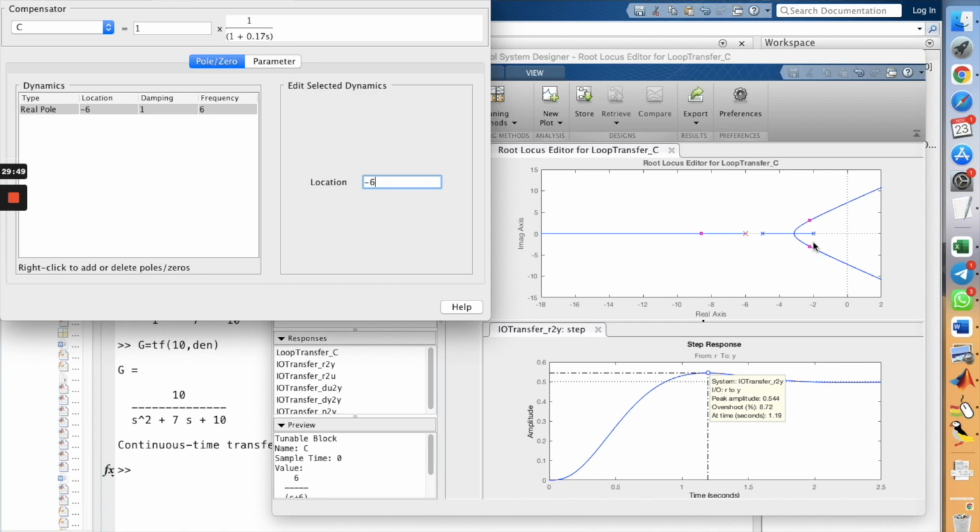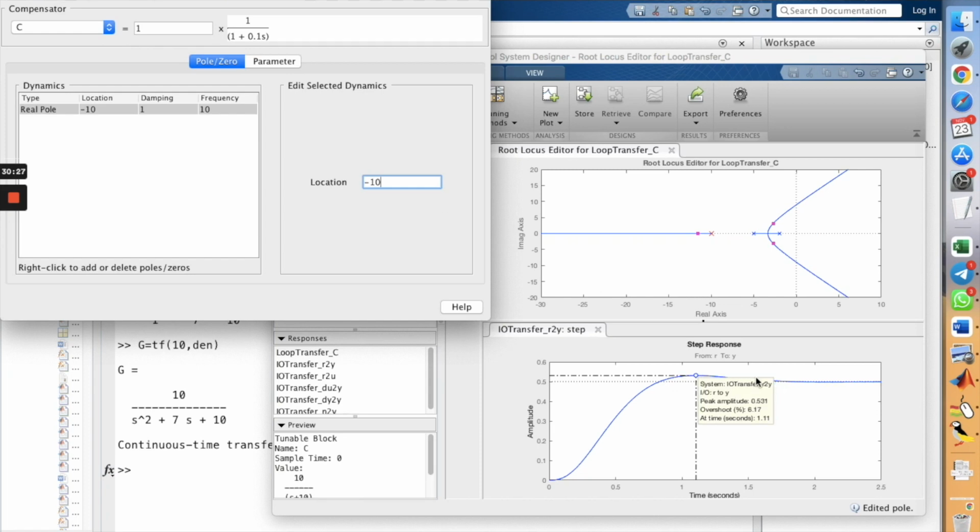So remember last time when I told you about the dominant poles, which are the poles near the j omega axis, and the dominant poles exist as long as the third pole is located 5 times the ratio to the left of the S-plane. So in this case, -6 and -2 is about 6 divided by 2, only a ratio of 3. So let's say that we put it at 10.